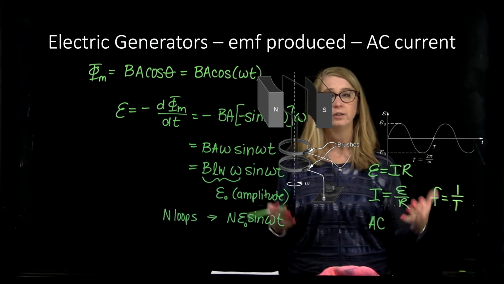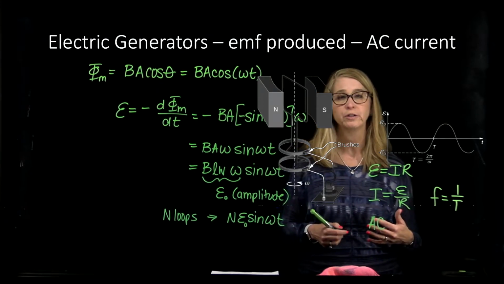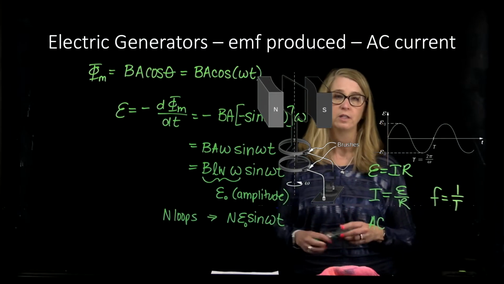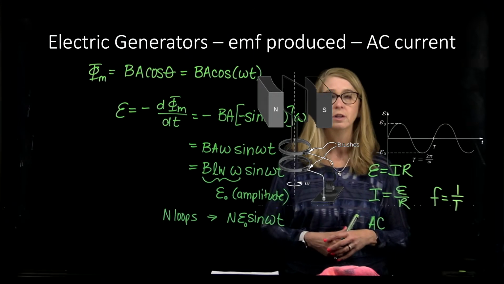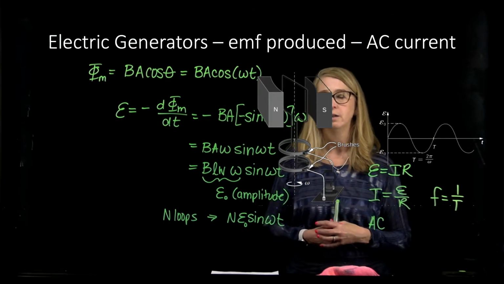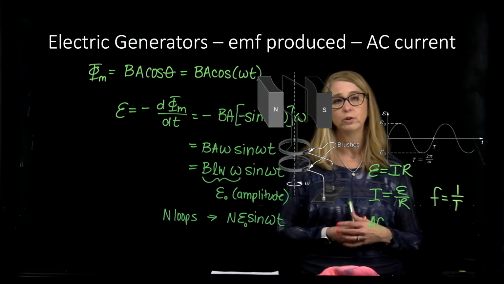And so it turns out that we always expect our alternating current to have a particular frequency. Typically the frequency that's used in the US is either 50 or 60 hertz, although sometimes you can have two-phase current, so it might be a combination of the two.